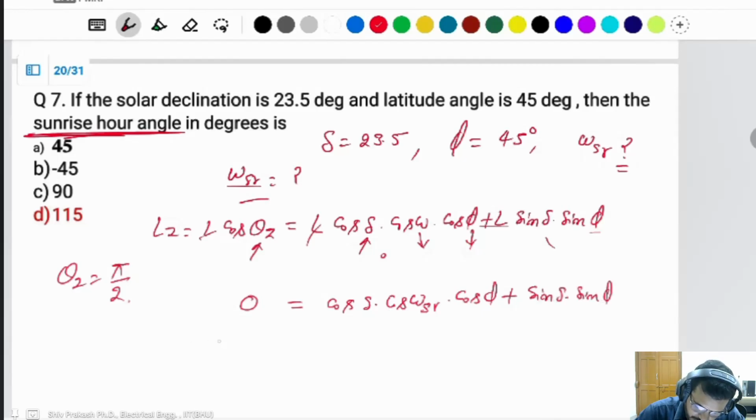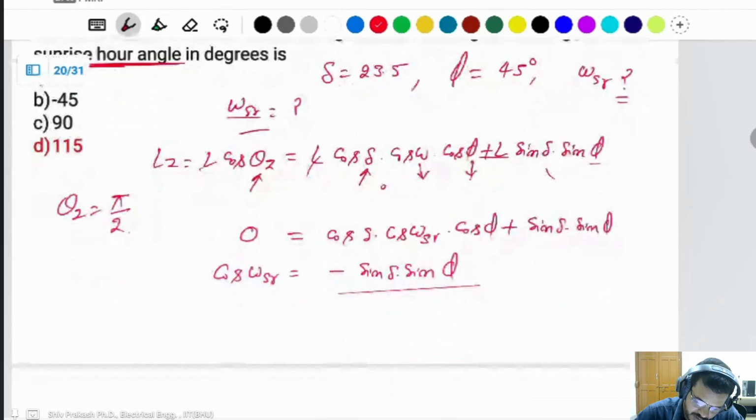Then what is the cos of omega SR? It goes to the negative, minus of sin del into sin phi, divided by cos del into cos phi. This will be the minus of tan del.